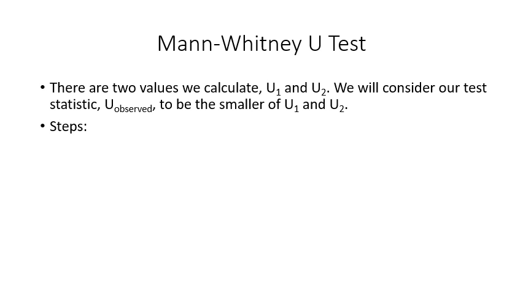There's going to be two values we're going to calculate for the Mann-Whitney U test. It's going to be U1 and U2, and our U observed statistic is going to be the smaller of U1 and U2. So you're going to calculate both, but your observed test statistic is going to be the smaller of them. Once you've calculated the two, you just discard the one that's greater.